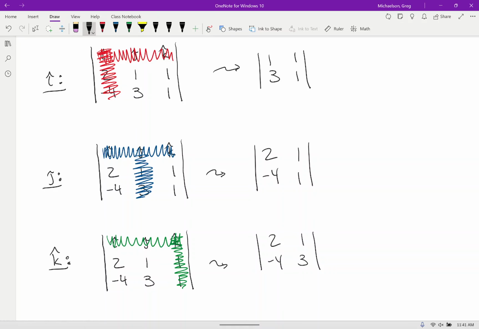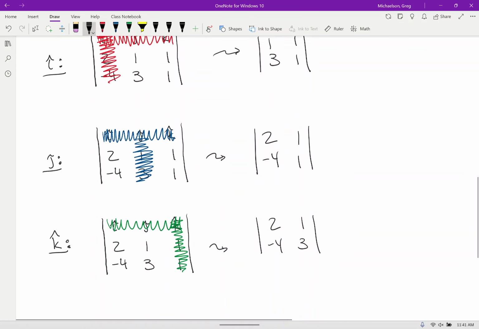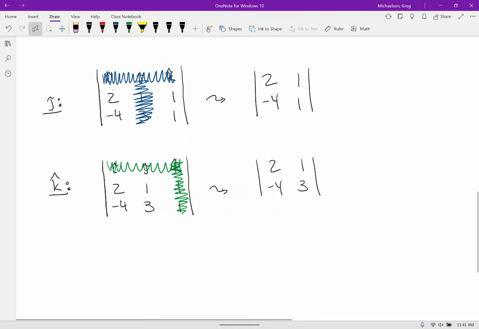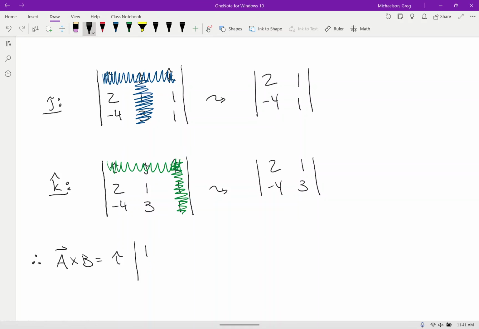So what I can do, if you don't mind, is do that a little bit. I can say, therefore, A cross B equals I times that first one, J times that second one, and K times this one.